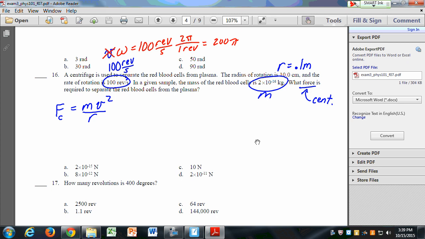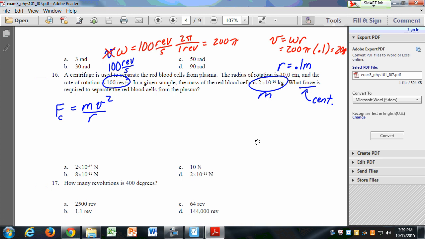Now, what you can do here is you can say, well, V is equal to omega times R. That's my relationship that combines V and omega. And so V then is 200 pi times R, which is 0.1, or 20 pi.